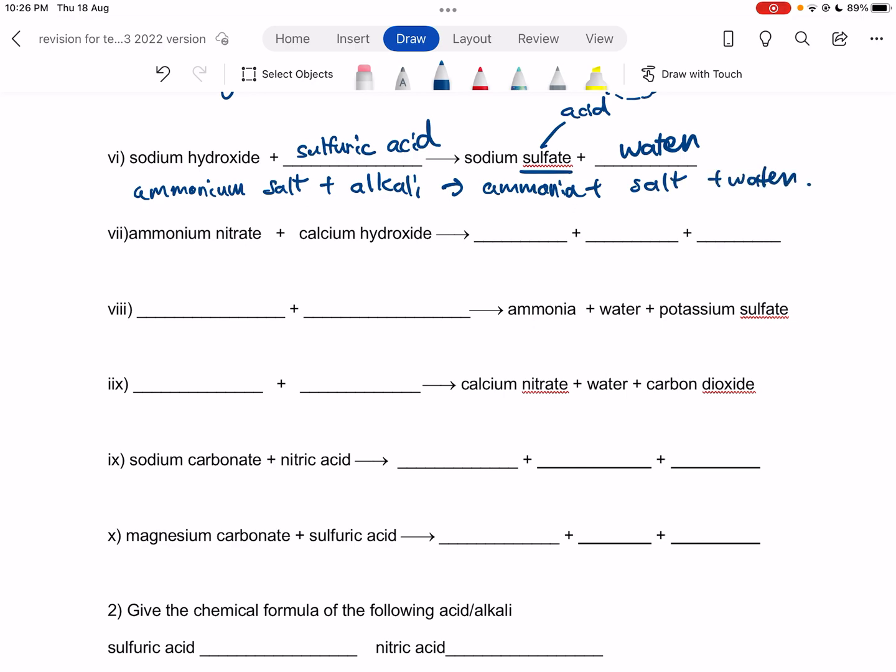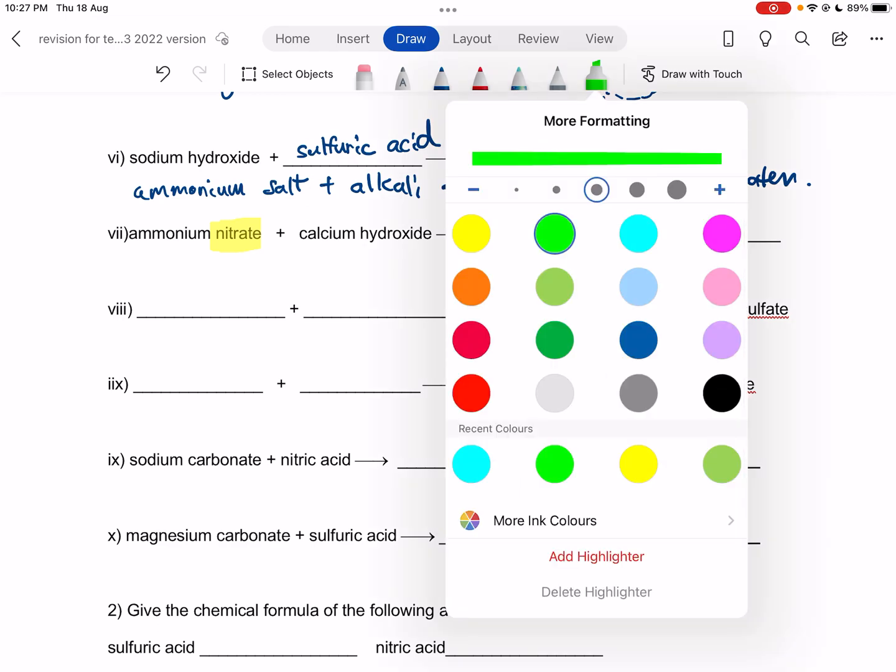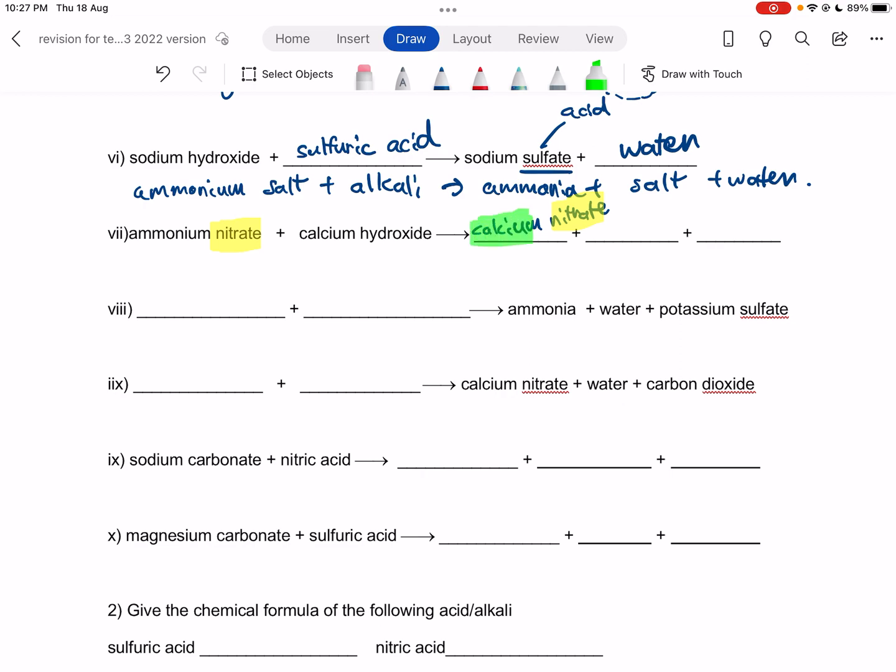So this one you will get calcium nitrate: second word from the second word of the ammonium salt, first word from the first word of the base. And then you get ammonia and water. These two are standard, always there.